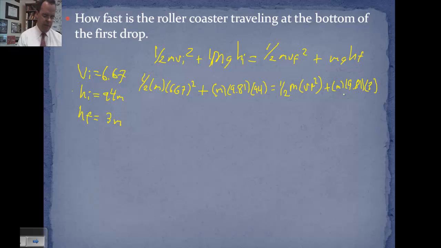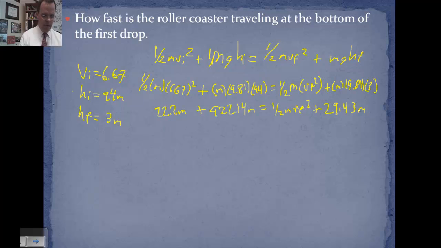So multiply these things out. 6.67 squared times 0.5, we get 22.2 m. 9.81 times 94, we get 922.14 m. And 3 times 9.81, we get 29.43 m.